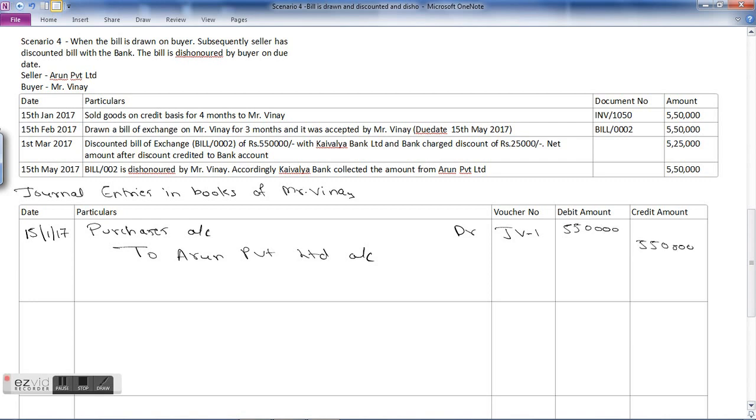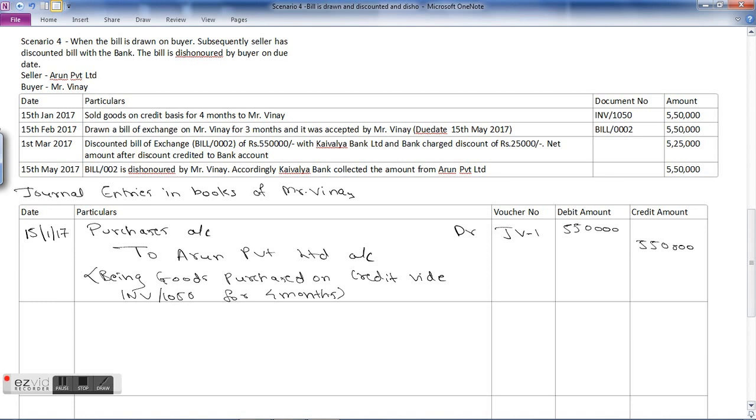Credit amount is 5,50,000. Being goods purchased on credit vide invoice 1050 for 4 months.